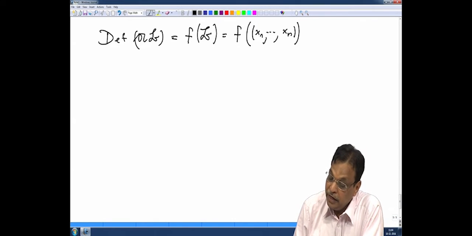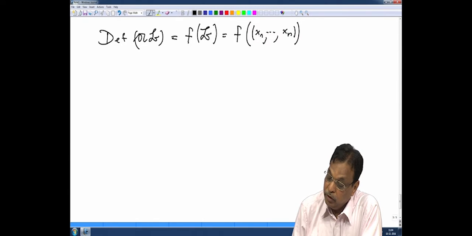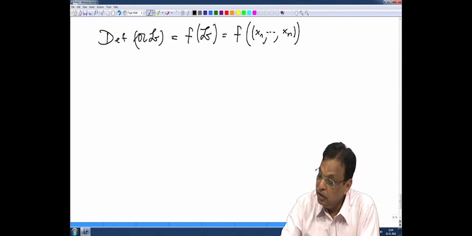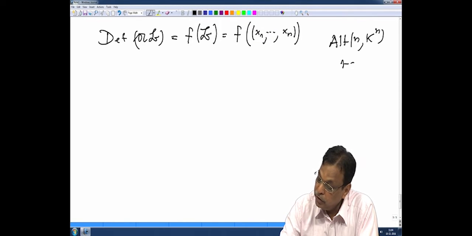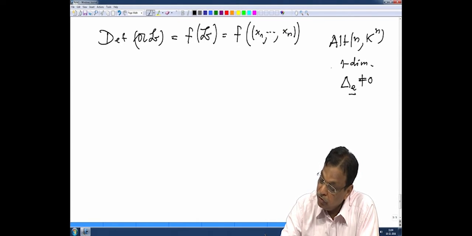But we have seen that any alternating n multilinear map is a scalar multiple of the standard determinant function, because ALT n of k power n is one dimensional, and the standard determinant function is a non-zero element in it.